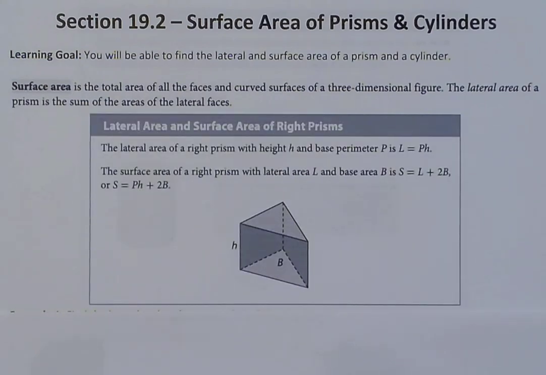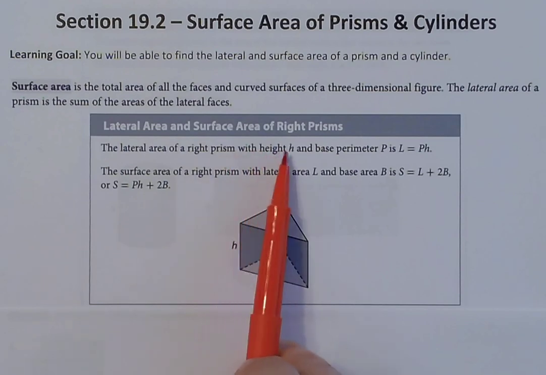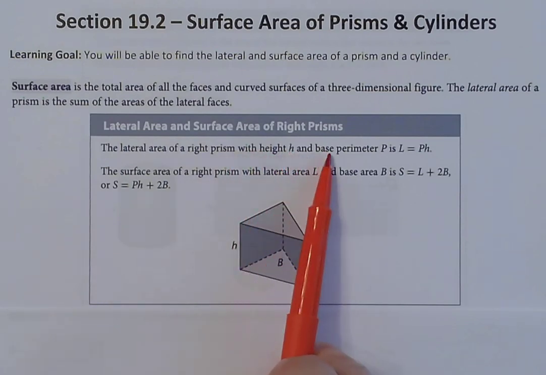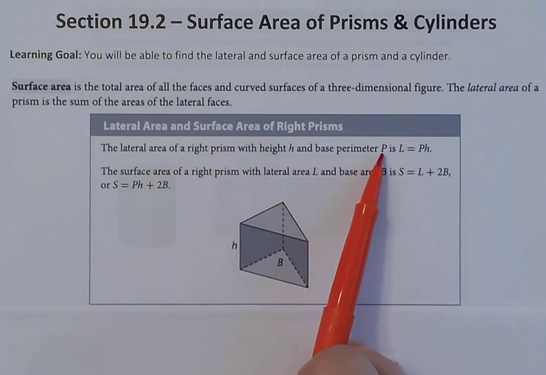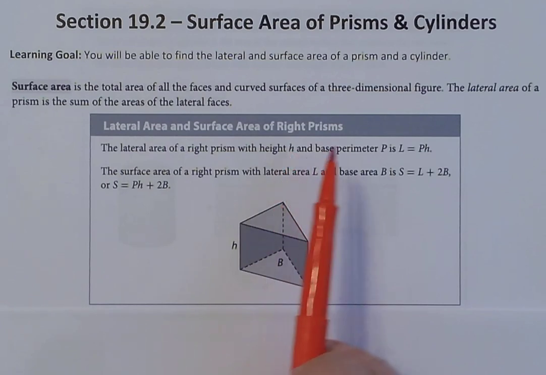So, lateral and surface area of right prisms. Define the lateral area of a prism with the height h and base perimeter p. If you see the letter p, that refers to the perimeter of the base. H refers to the height of the prism.